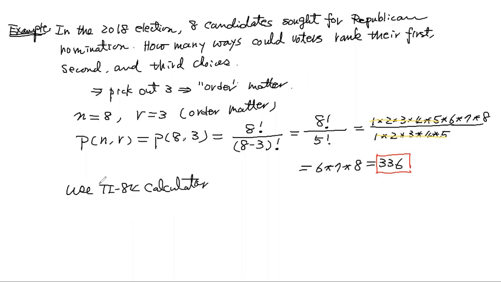So the first thing you type in, I'm going to use a different color. For the typing color, I guess I'm going to use blue. Okay, so you type in 8 because you want 8 permute 3. After you type the 8, then you hit this button. This button is math.